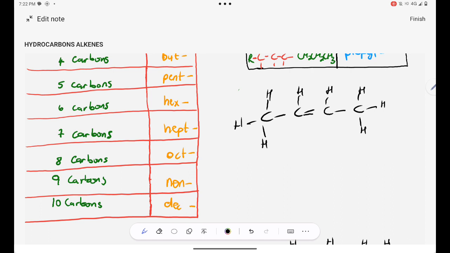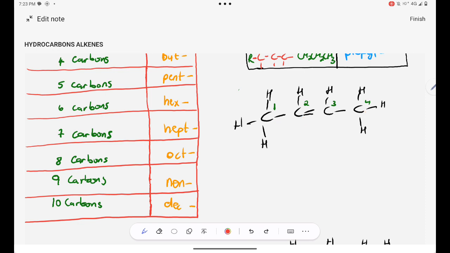Whenever I number these carbons, I must number them closer to the double bond. If I start here, this will be carbon number 1, 2, 3, and 4. And even if I started there, this would have been 1, 2, 3, and 4. So same thing applies. Between carbon number 2 and 3, I do have my double bond, right?